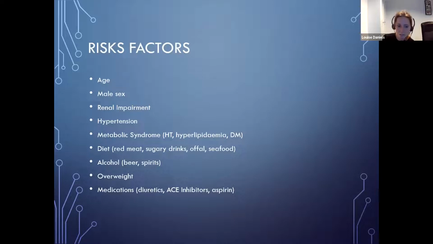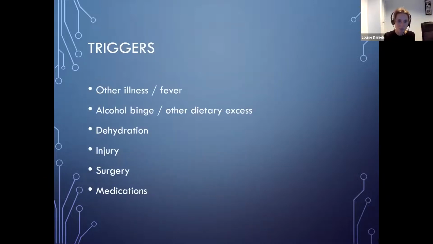Diets that are rich in red meat, sugary drinks, offal, seafood, or with excess alcohol, particularly the beers and spirits, are more likely to suffer from gout. Weight is a big factor, and as are some medications, so in particular diuretics, but also ACE inhibitors, aspirin, can all increase the risk of somebody suffering from gout.